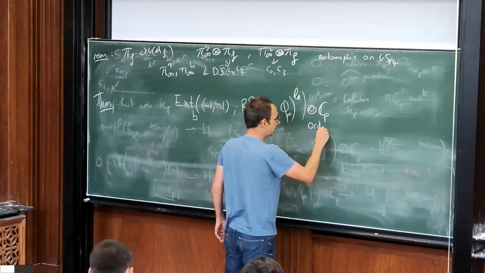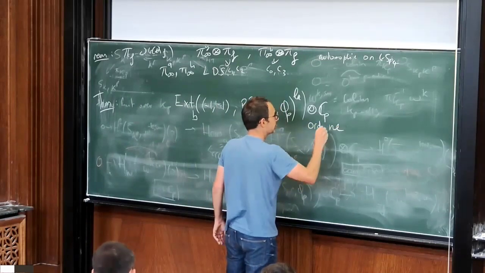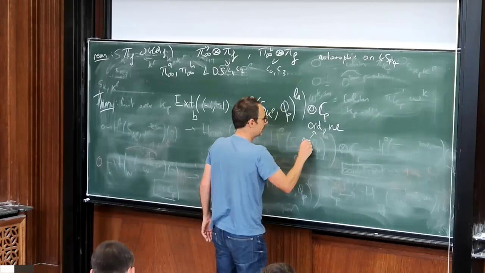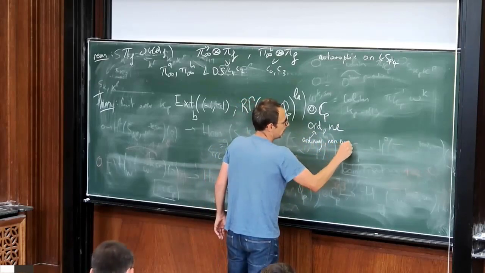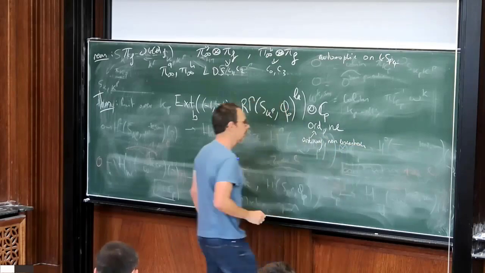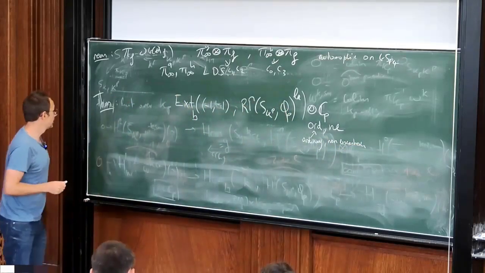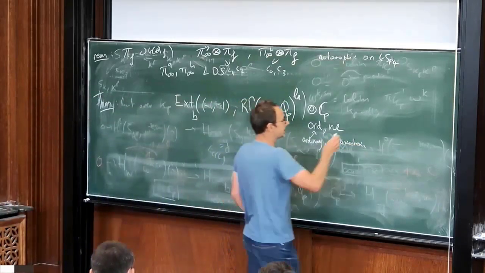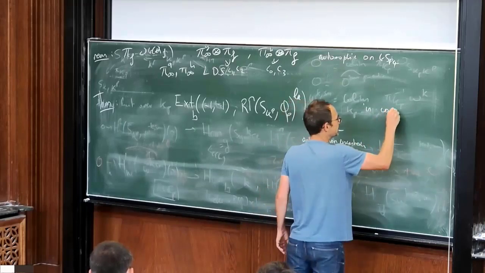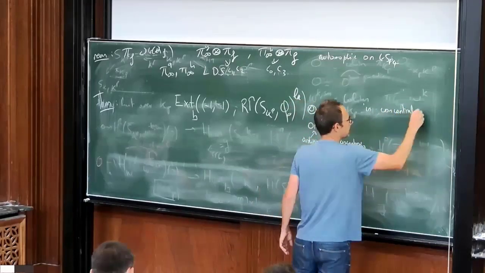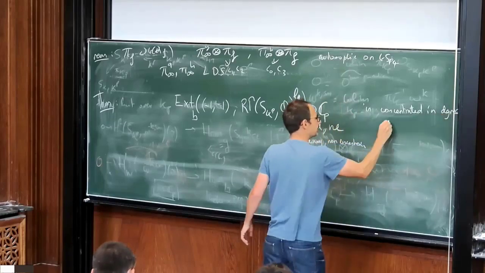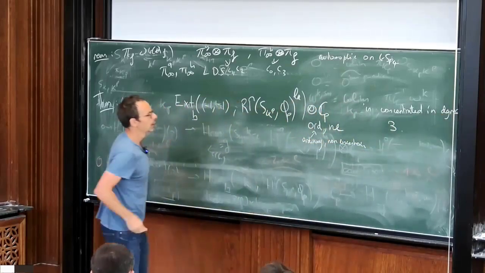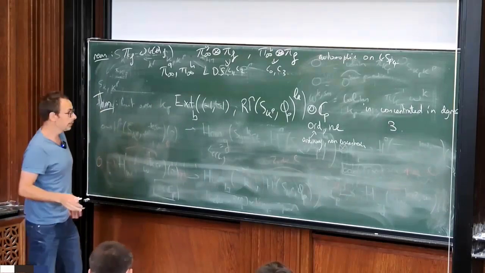We take the ordinary part and we take the non-Eisenstein part. So we consider this, and the first theorem is that this is concentrated in degree 3. So that's the middle degree.